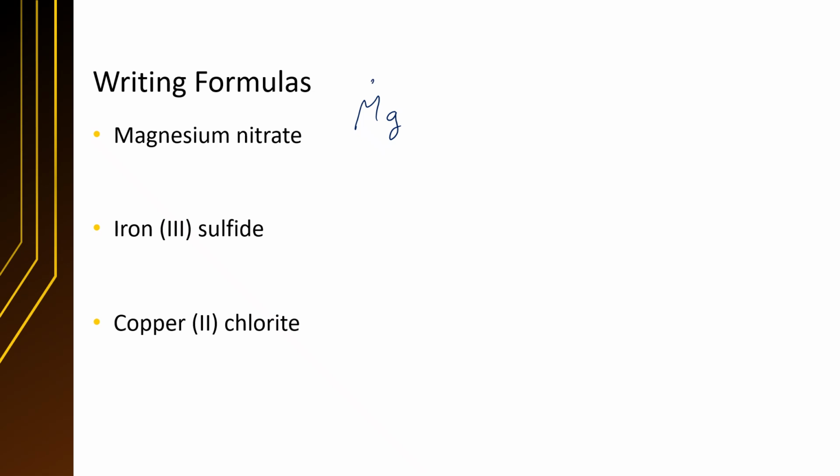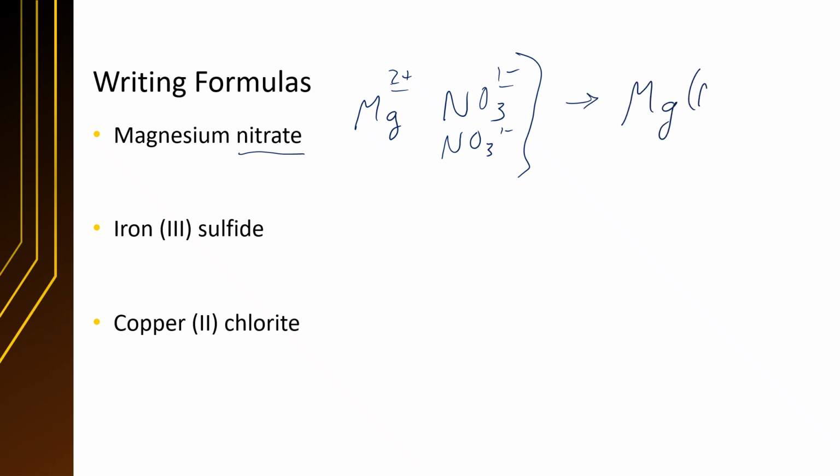It has 2 valence electrons, so it can lose those 2 and have a +2 charge. Nitrate is one of your polyatomic ions. It's NO3 with a 1- charge. Those do not match. I need an extra nitrate to balance it out. And so now I have matching charges. I can write the formula. I took 1 magnesium and 2 nitrates to make my compound.